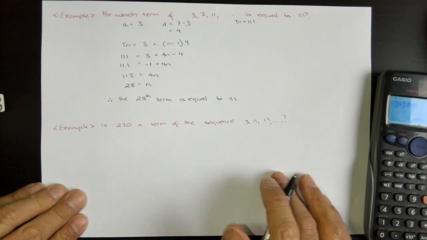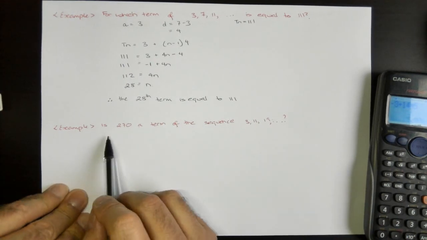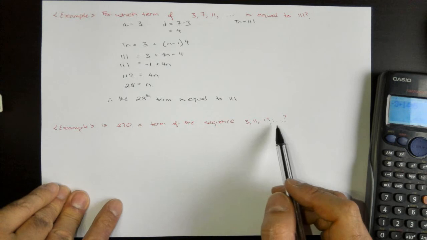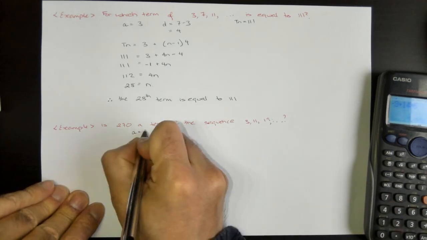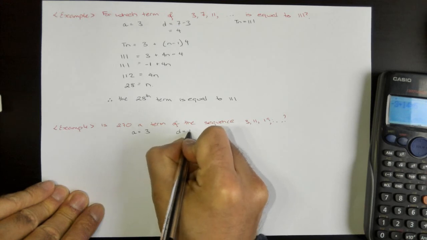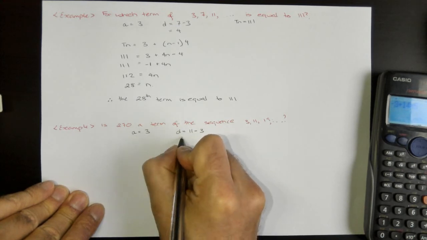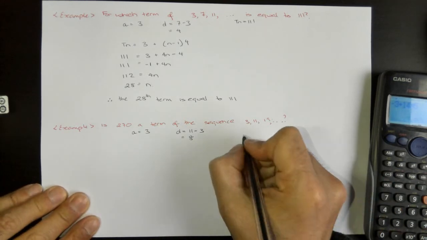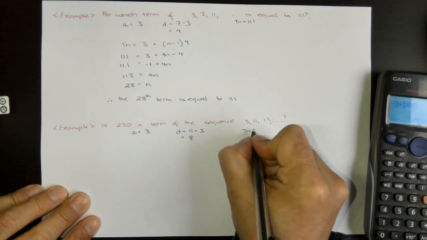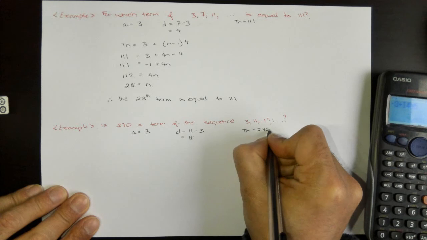Okay. Now, another example, we want to find if 270 is a term of the sequence. So a would be 3, d is 11 minus 3, which is 8. And we want to figure out: is Tn equal to 270?